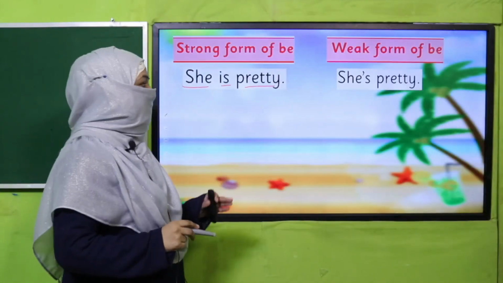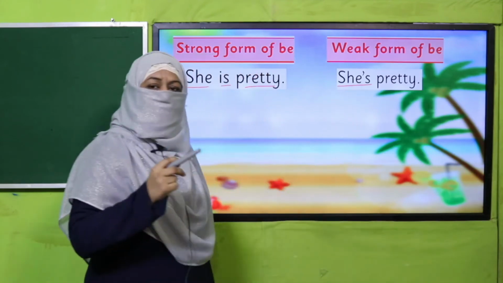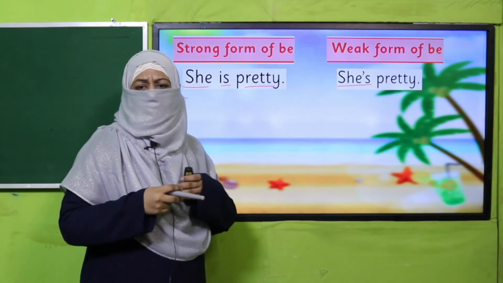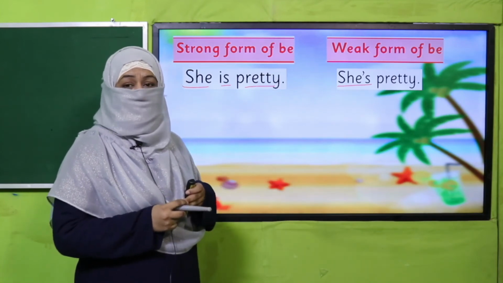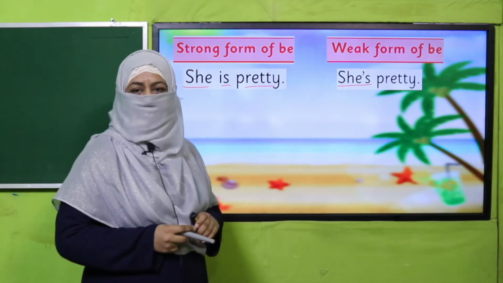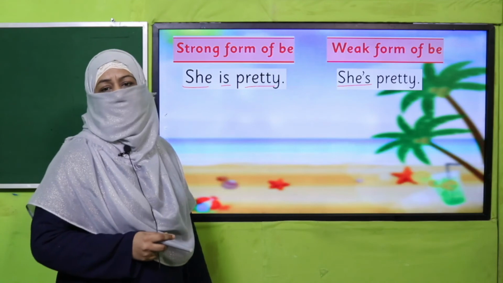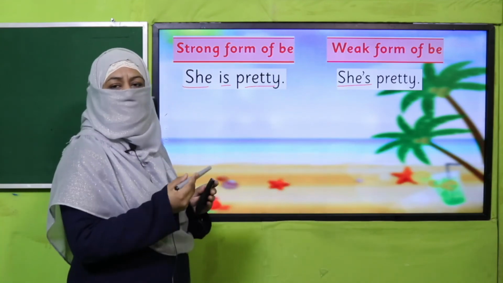But we can say it, she's pretty. She's pretty. This is the weak form. Beta, usually when we are talking, because we talk with fluency, we use weak forms like this. But there is no difference in both of these sentences. Both sentences are the same. The only difference is in pronunciation and in writing.